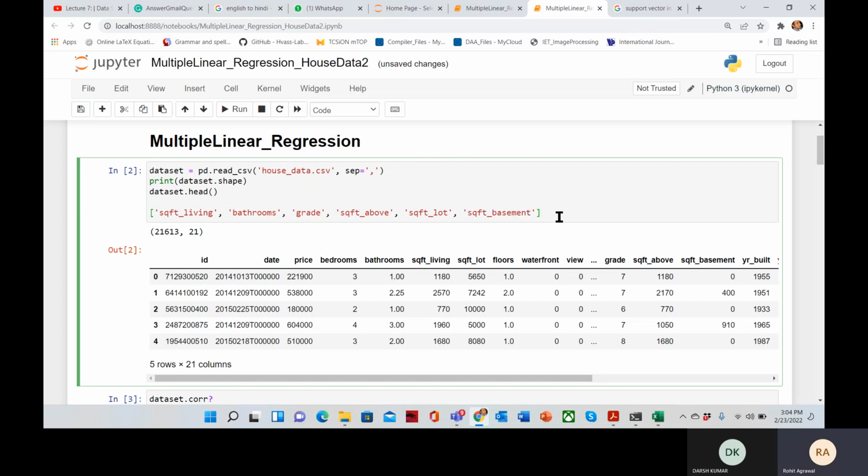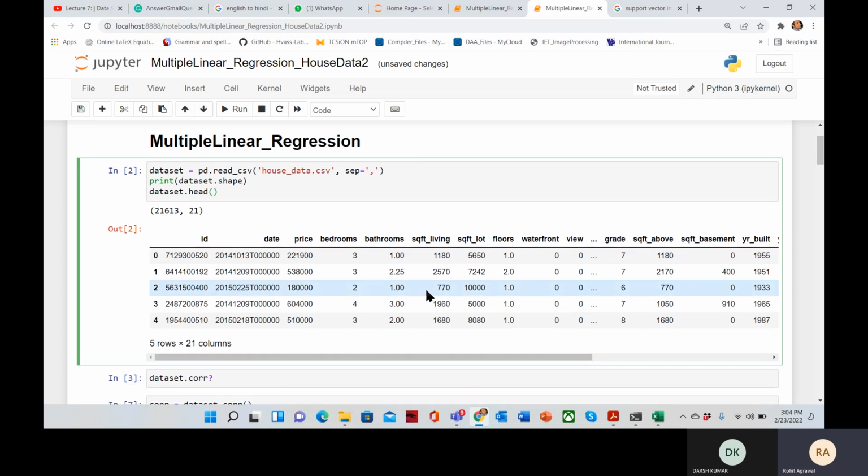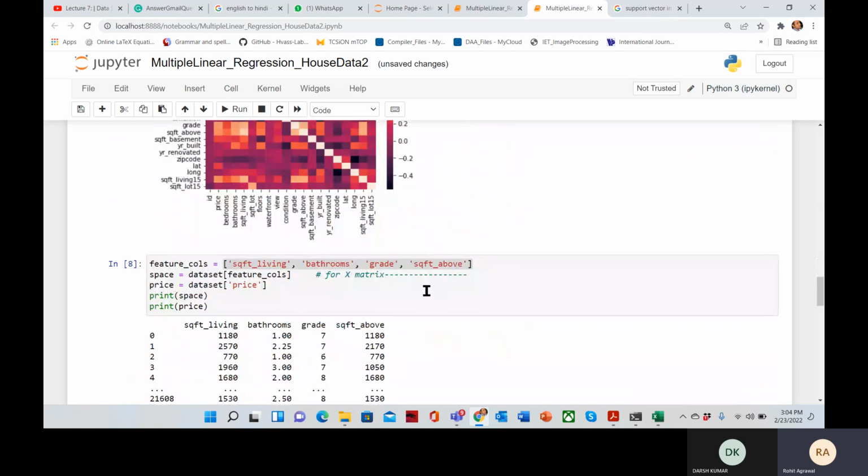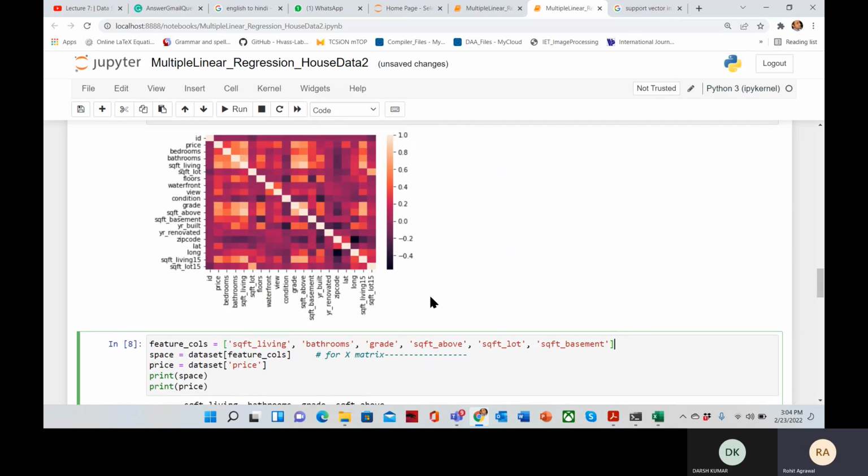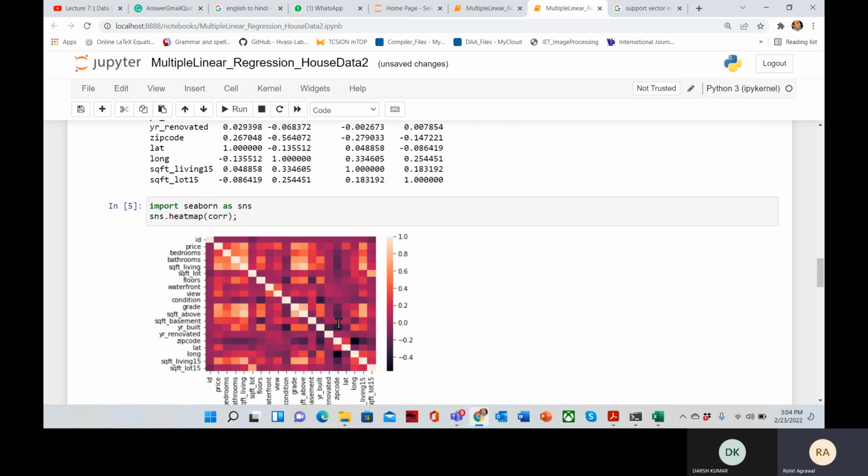Okay, so now we are trying to use these features and we'll see whether we have better accuracy or not. ठीक है, तो स्क्वायर फीट लिविंग, bathroom, we are already using grades, square feet above, square feet lot and basement. ठीक है, फिर से ही करते हैं.